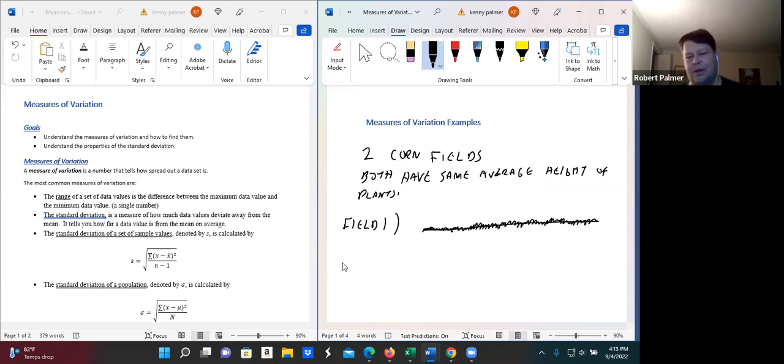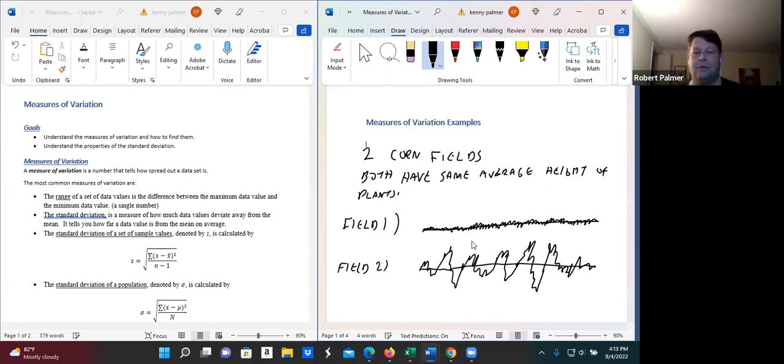Now, let's say you come across another field, field number 2. Let's say this is the average height, and looking at it, it looks more like this. Some plants are really high, some are low. This is still the average, but it looks something like this. Now, they both have the same average height.